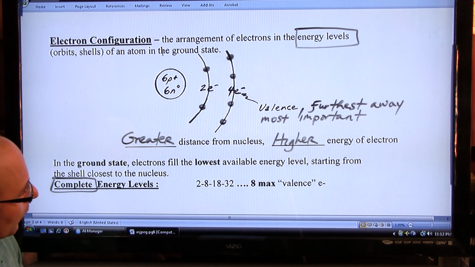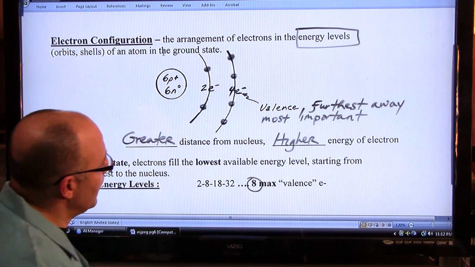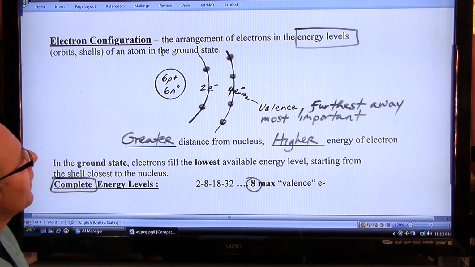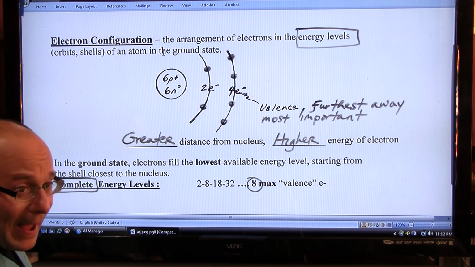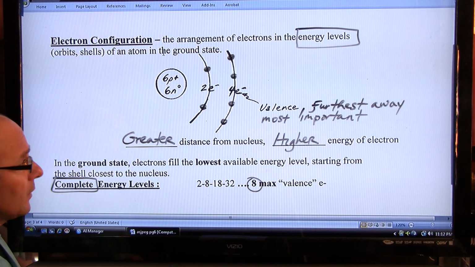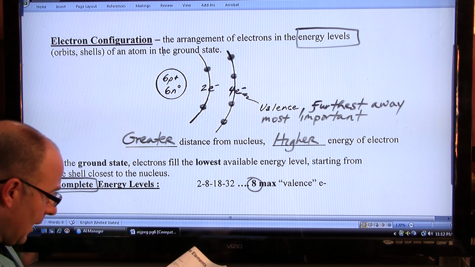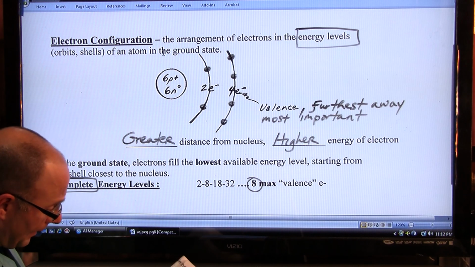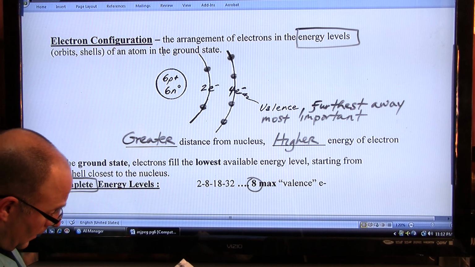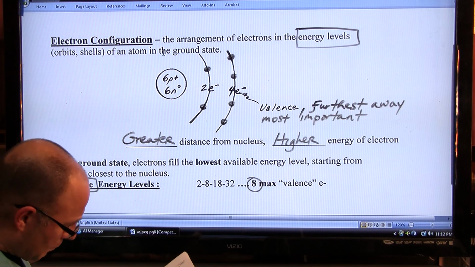Now, one more thing. There is a limit to the number of valence electrons that any element can have, and that maximum is 8. No element can have more than 8 valence electrons. There happens to be only one exception to that rule, which is, I think it's platinum.